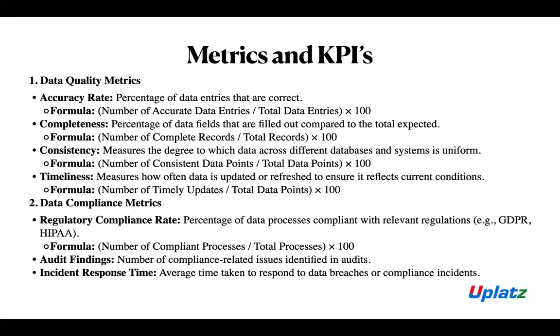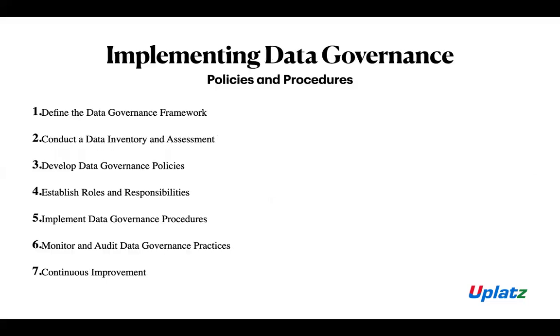So we have seen around 7 metrics and KPIs which can be used to find out the effectiveness of the data governance practices implemented within the organization. Establishing and monitoring these metrics and KPIs allows organizations to assess their data governance effectiveness and identify areas for improvement.